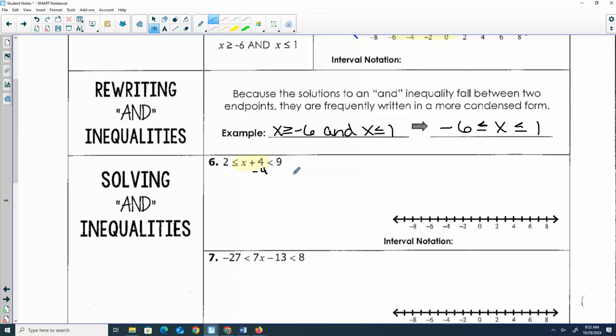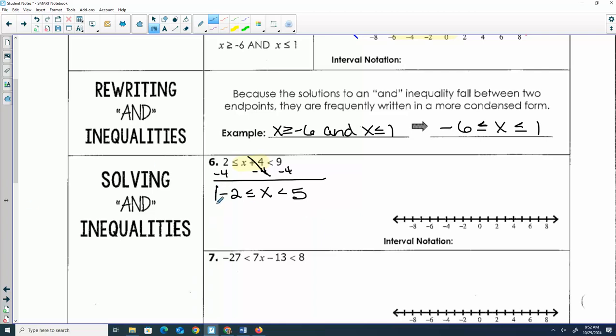Because we really have 3 pieces here, you're going to do it to all 3. So I am subtracting 4 from the left, the right, and the middle. So then 2 minus 4 is -2, less than or equal to x, less than 9 minus 4 is 5. So this is my solution.